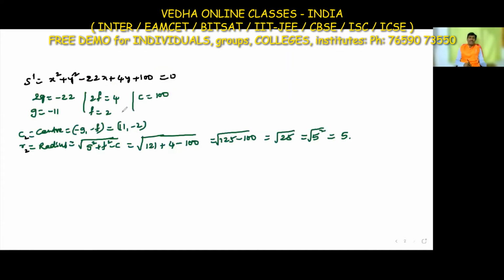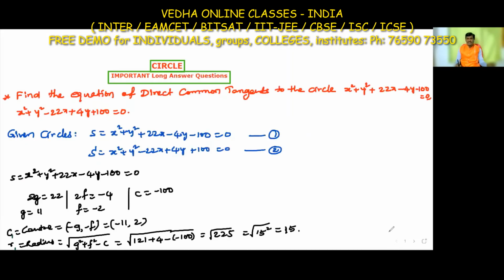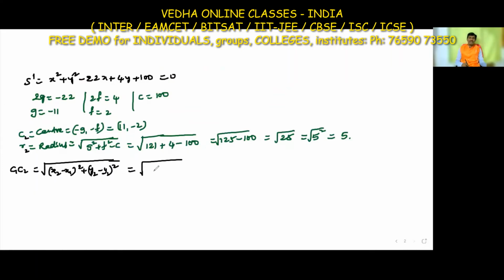Okay, so now after finding this, find the distance C1C2. C1C2 distance is equal to the square root of x1 minus x2 whole square plus y2 minus y1 whole square. Now the centers are minus 11 comma 2 and plus 11 comma minus 2.